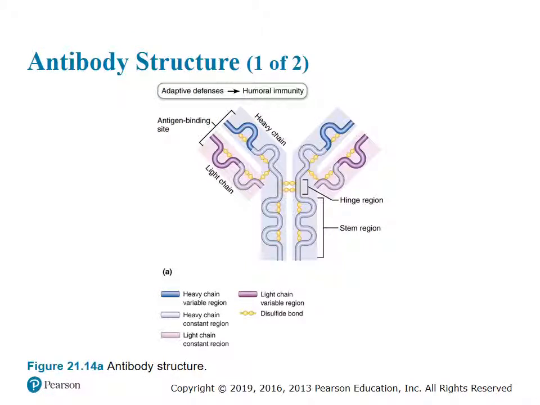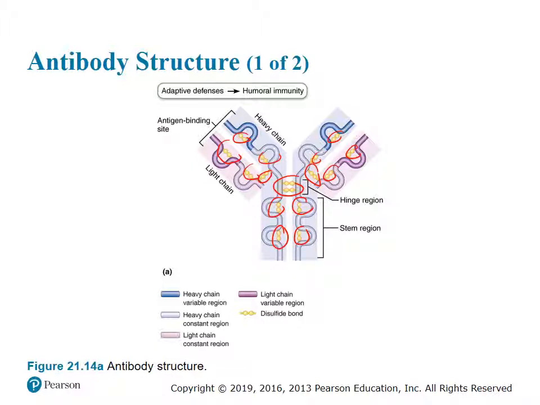I just want you to look at this figure. We're not going to study this figure. You also see it in the lab book, but you see that these yellow structures represent the disulfide bridges, and that really is what makes the protein its shape. We see the typical Y-shaped antibody there with the disulfide bridges making the Y shape.